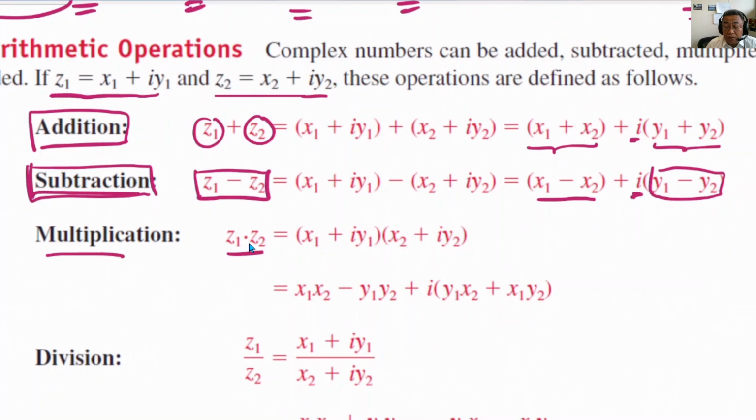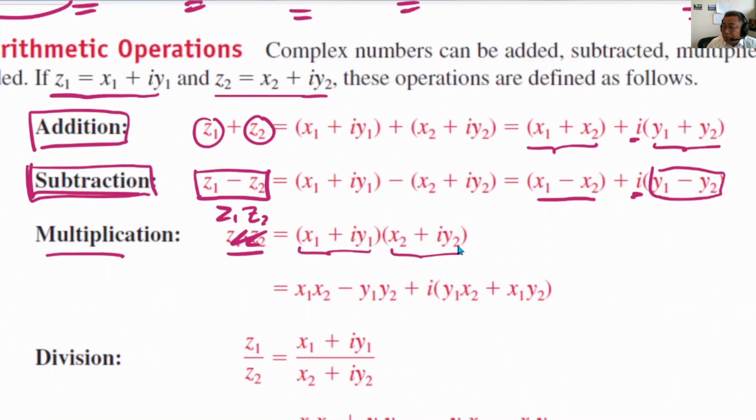So this dot is not the dot product. This is the multiplication symbol for complex numbers, or sometimes we just write z1 z2, and we don't use the dot. Well, we'll put z1 here, and we'll put z2 here, and now we open up the brace such that we can cross multiply the terms together, which is x1 times x2 minus y1 times y2, because i times i is i squared, which is minus 1.